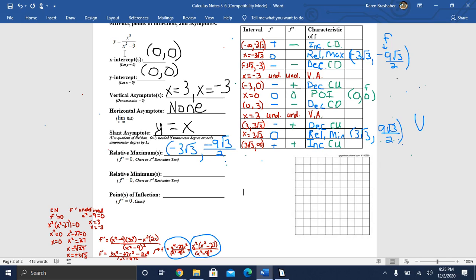I'm sorry, that is your relative minimum. This is your maximum. So we'll use the positives for that. So 3 square root 3 and 9 square root 3 over 2. And then for this one, negative 3 square root 3 and negative 9 square root 3 over 2.